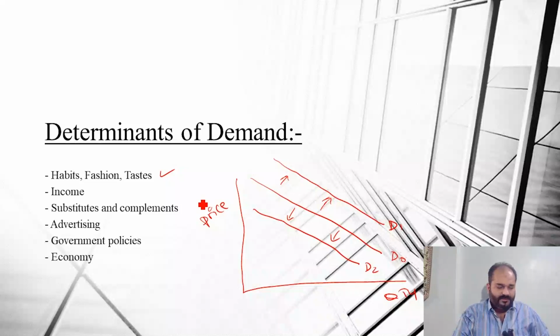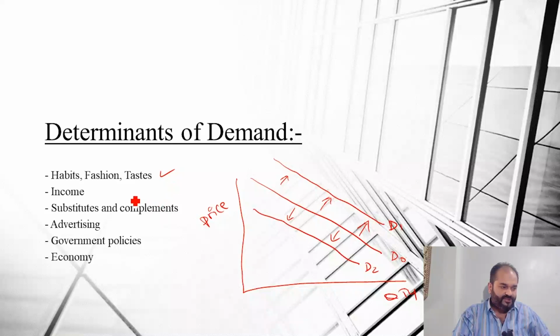When that happened, your demand curve went from D0 to D1, shifted towards the right. If the fashion or taste for something goes down and it goes obsolete, then your demand curve will shift from D0 to D2, towards the left.